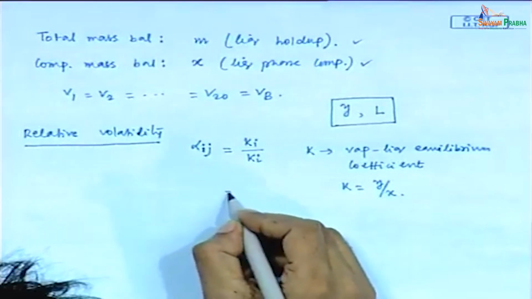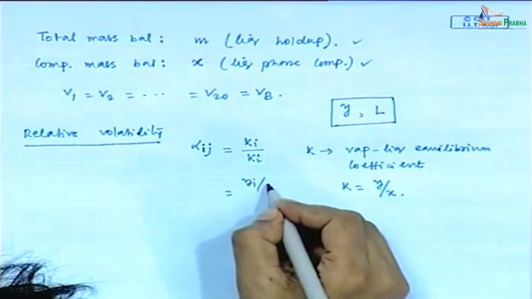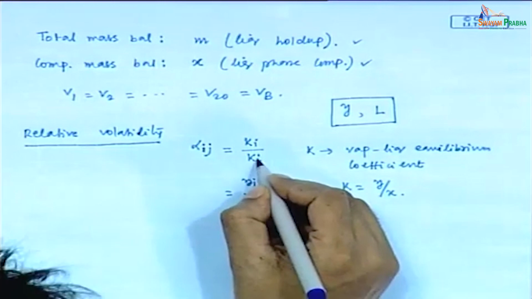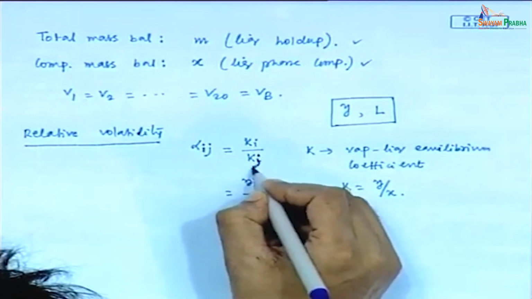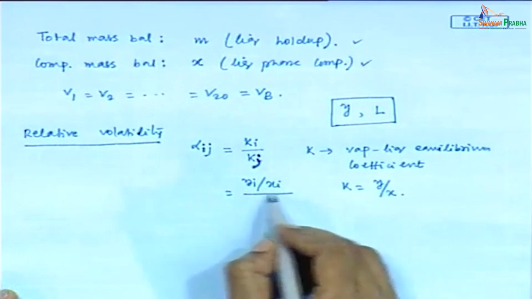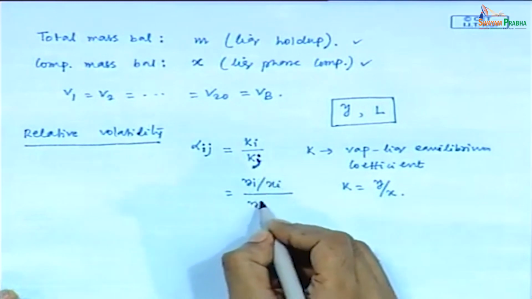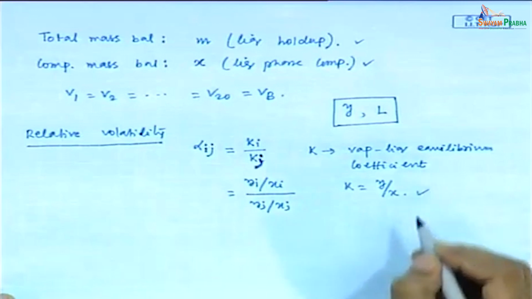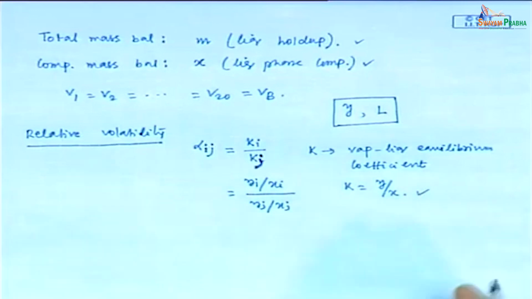I mean K equals y by x. So, can we write here yi divided by xi, whole divided by yj by xj? Can we write this? Because K equals y by x. So, we have just included here the suffix.